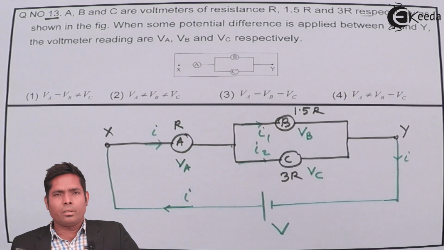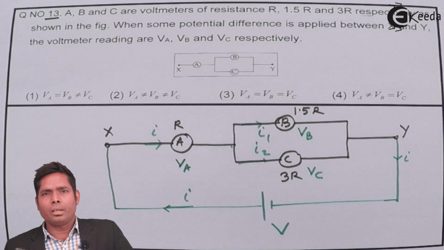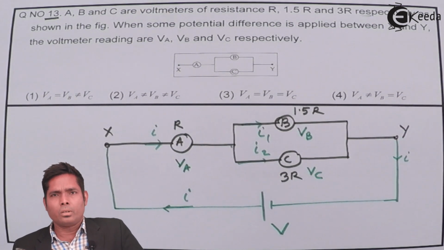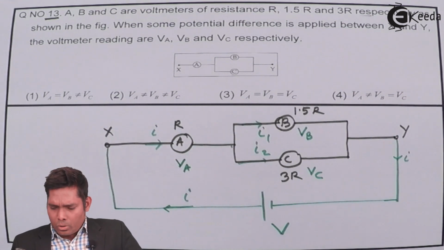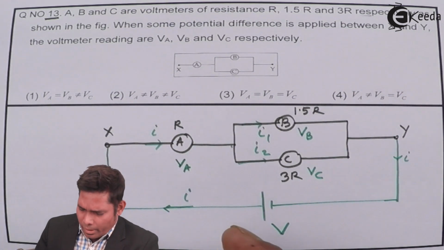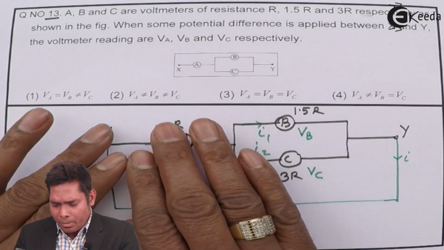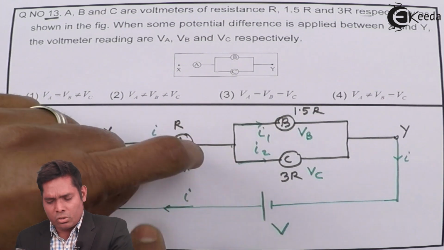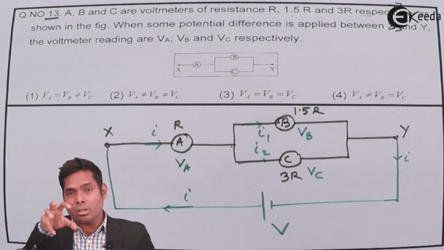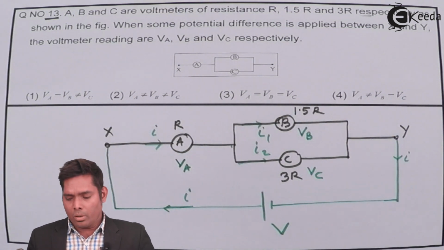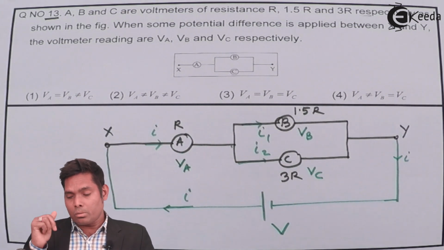In series, the more the resistance, the more is the voltage drop, in direct ratio, that is V is proportional to R. Accordingly I can divide the voltage, and whatever voltage drop is here, the remaining will be the voltage drop across the combination of the two, and because they are in parallel, their voltages will be the same.